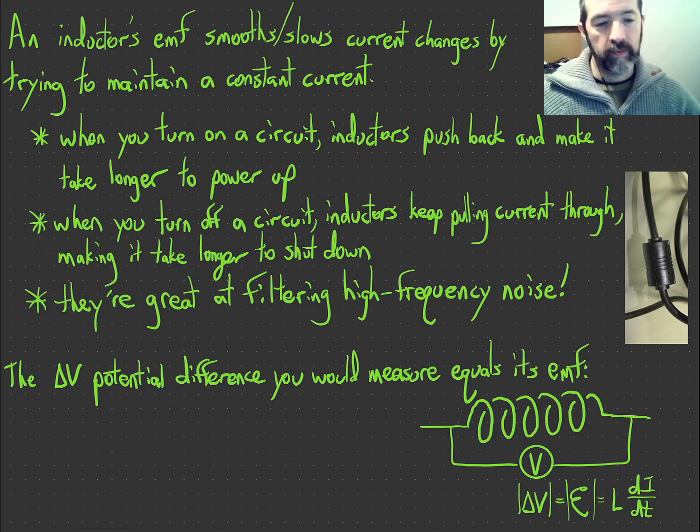So in any sort of circuit analysis, if you know there's an inductor in the circuit and you want to write out a Kirchhoff's loop rule, the expression that you would use for the potential difference for the inductor is the same as this EMF expression, L di dt. And I'll do a little bit with that in the next video.